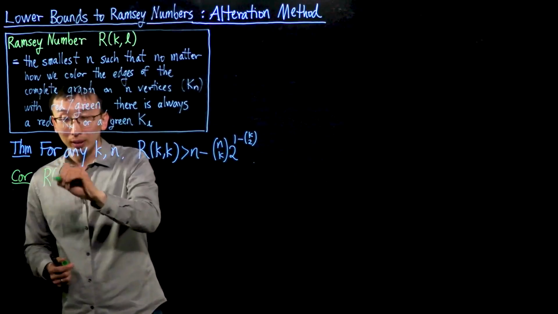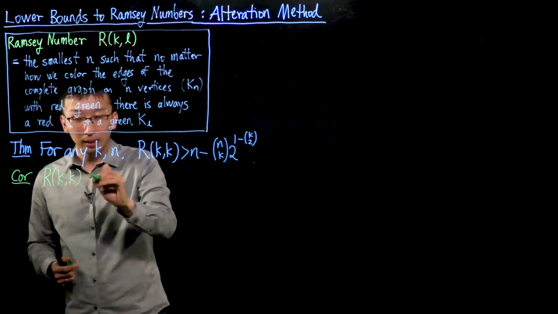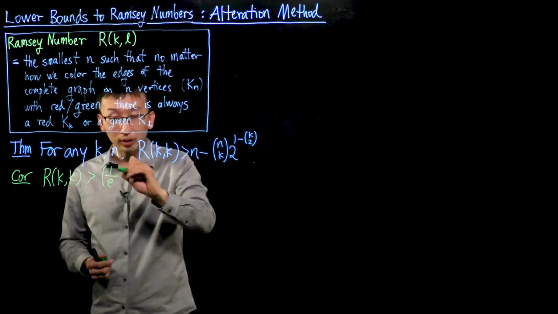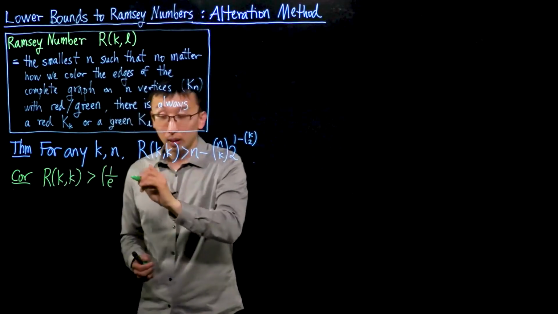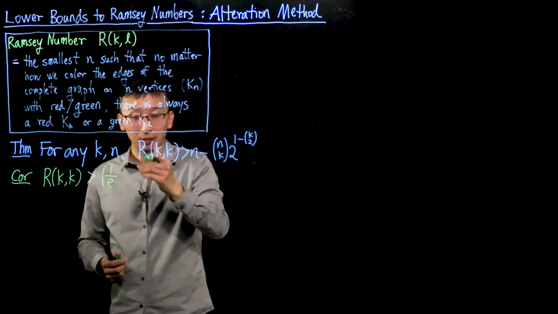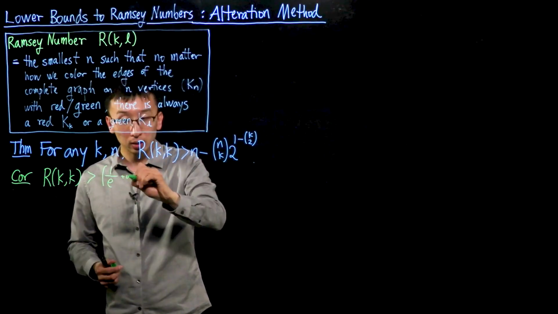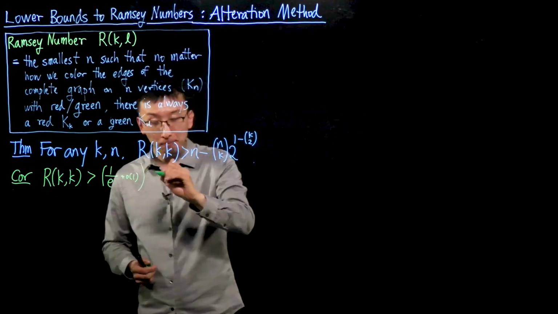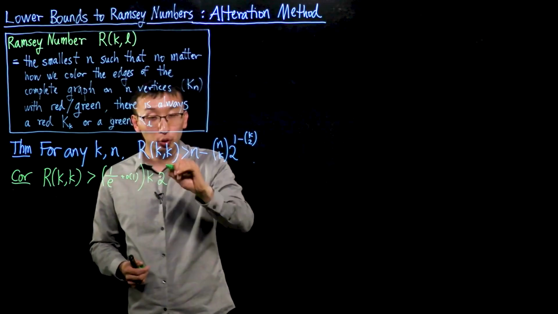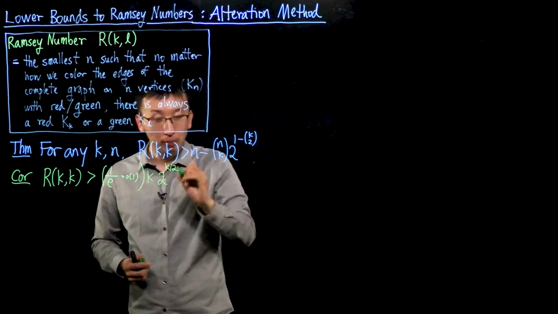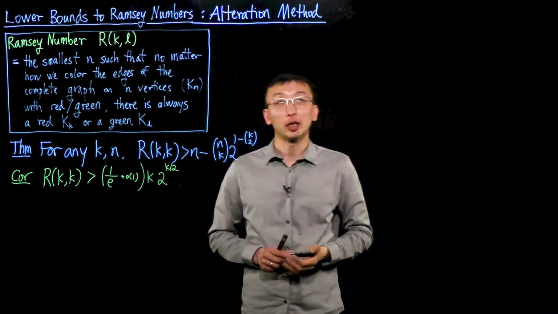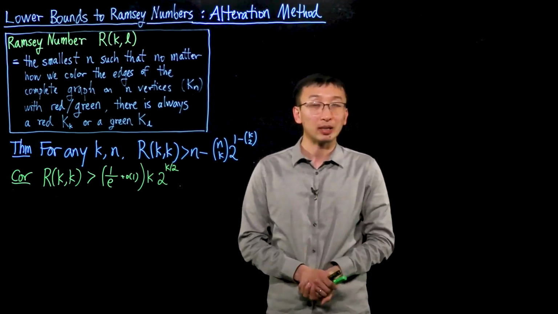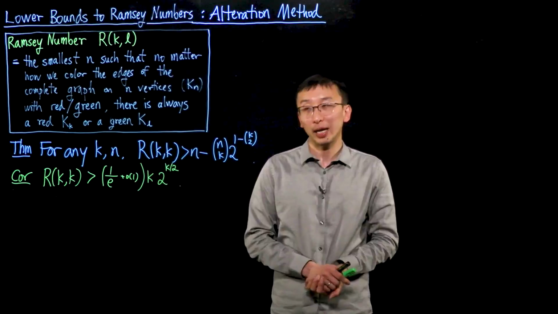So the corollary is that R(k,k) is bigger than the following quantity, 1 over e, where e here is the natural constant, 2.71 and so on, plus little o(1), a term that goes to 0 as k goes to infinity, times k times 2 to the k over 2. Okay, so that's the asymptotic lower bound that one obtains by taking this theorem and optimizing the value of n as a function of k.